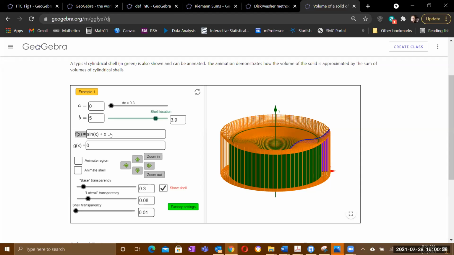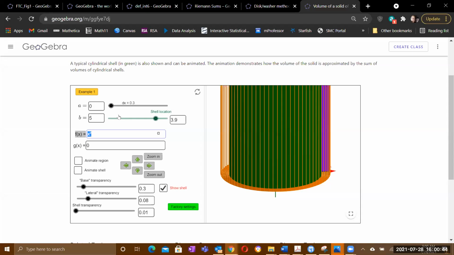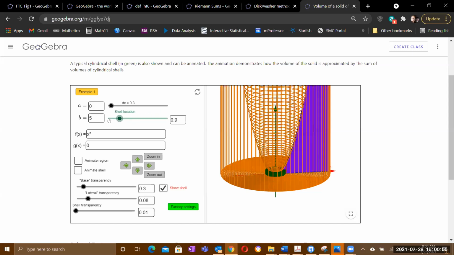So let's go with x squared. I can't even see the solid here, man. All right, give me a second.